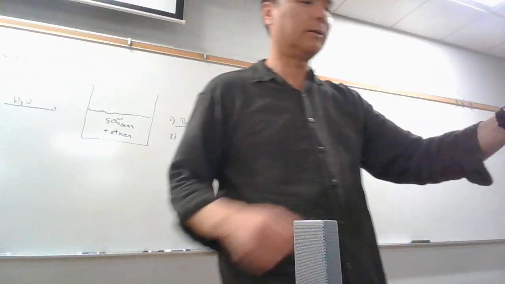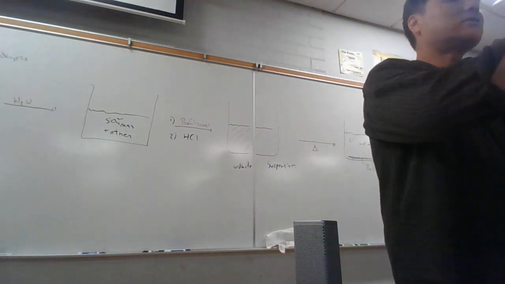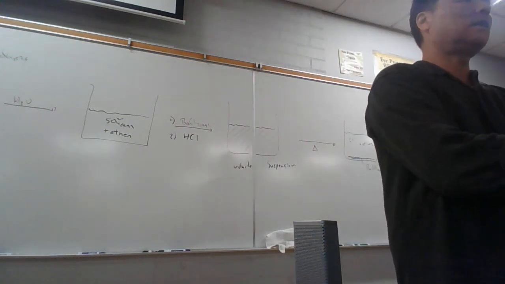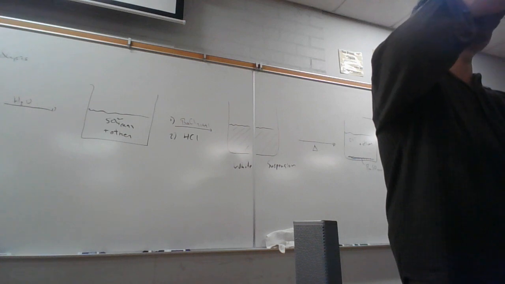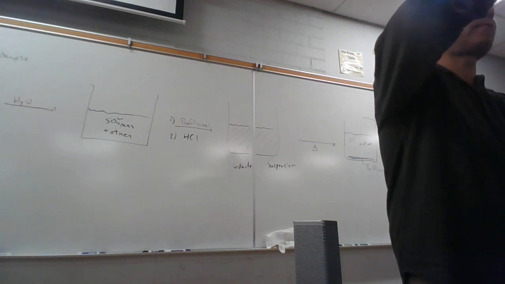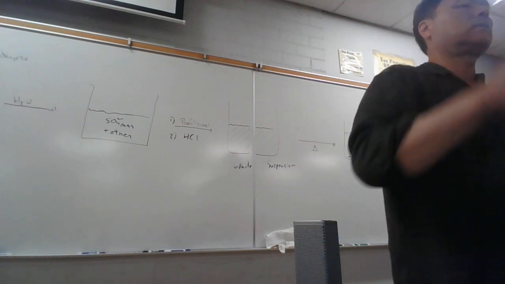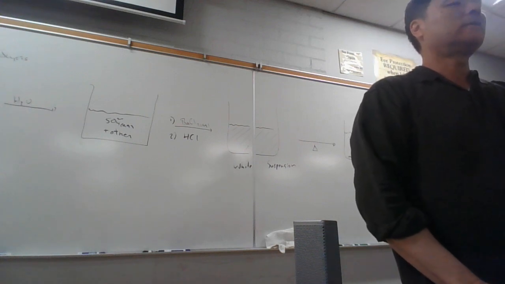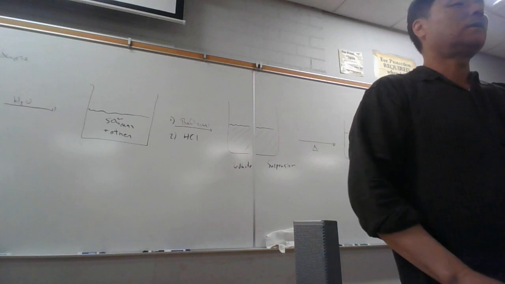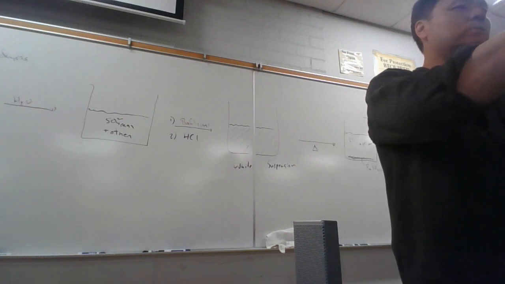I don't have any big beakers. All right, so this is under vacuum here. And so I'm going to pour some water in here and let's see the drip rate now. Okay, so that's drip, drip. Oh, now it's going faster. Do you see that drip, drip, drip, drip, drip?